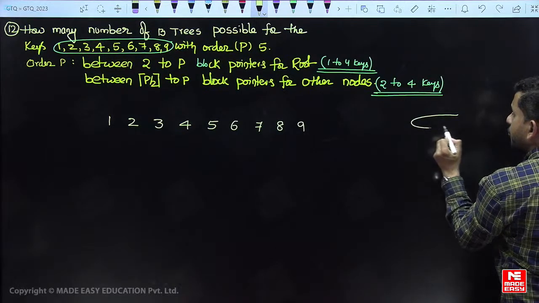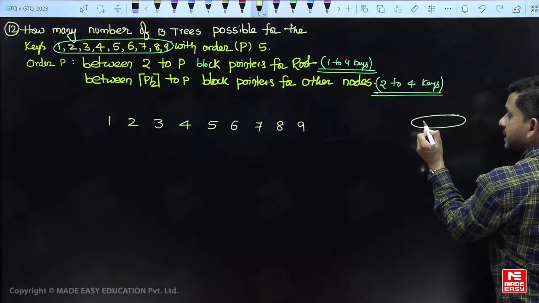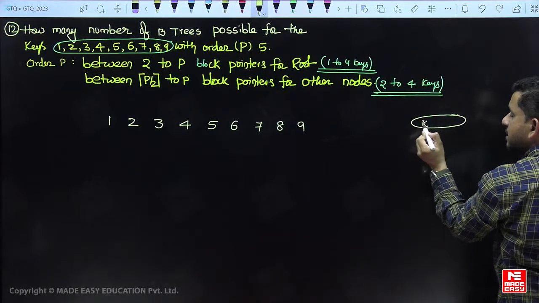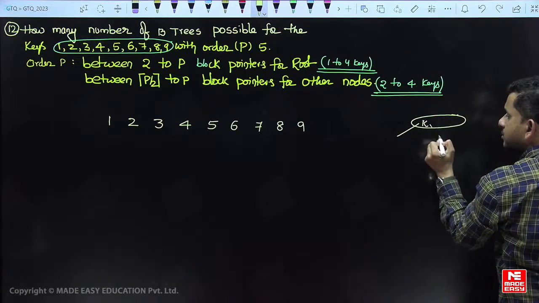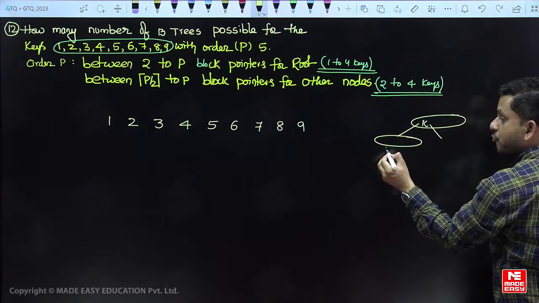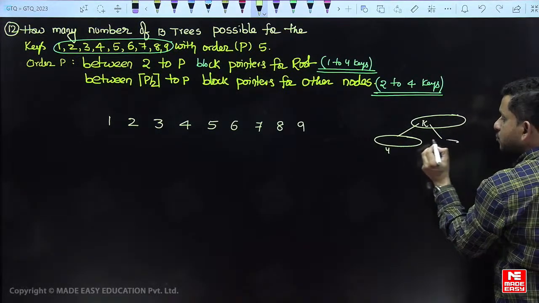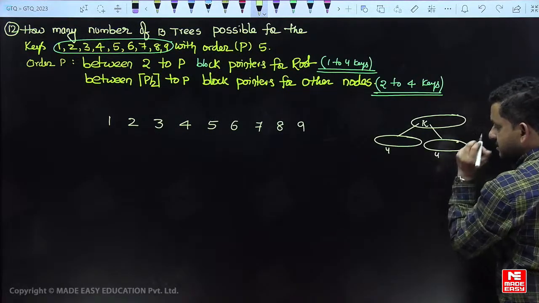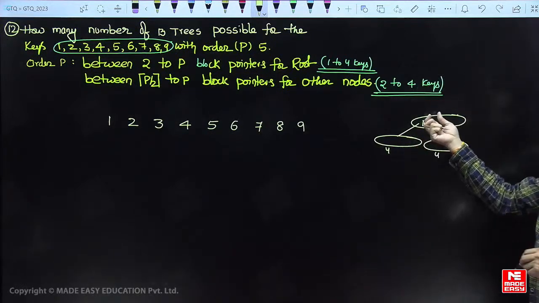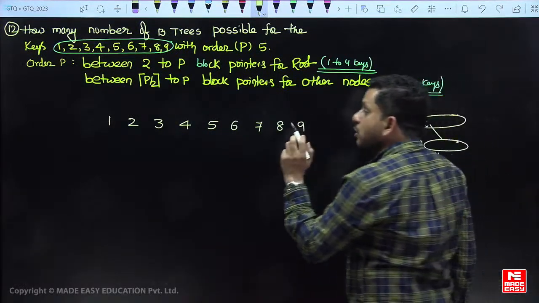If you take one key in the root, one key is allowed for the root, then each child node can have a maximum of 4 keys. So 4 keys, 1 key, and 4 keys is one possible tree.